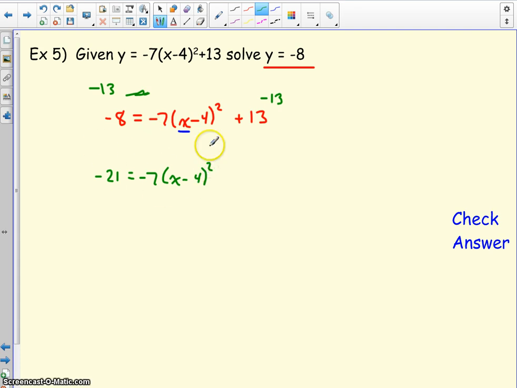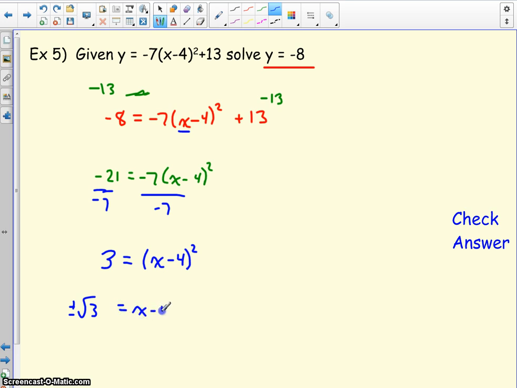Okay, and you can try and finish the rest on your own here, but you're just going to divide both sides by negative 7. So negative 21 over negative 7 gives you 3. Now I can take the square root. I'm going to get plus or minus the square root of 3 on the left side, x minus 4 on the right side.